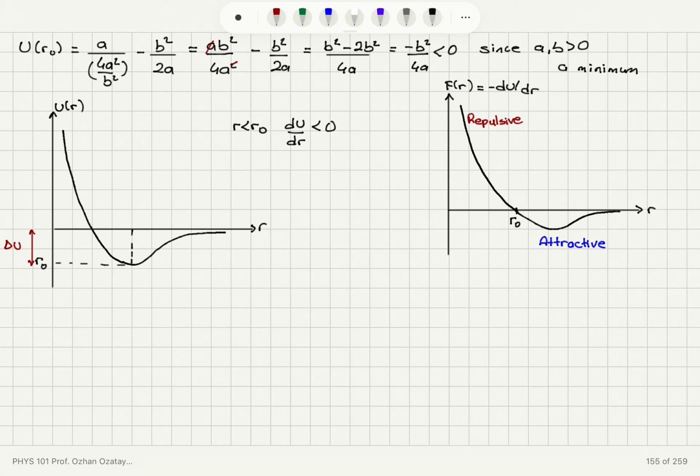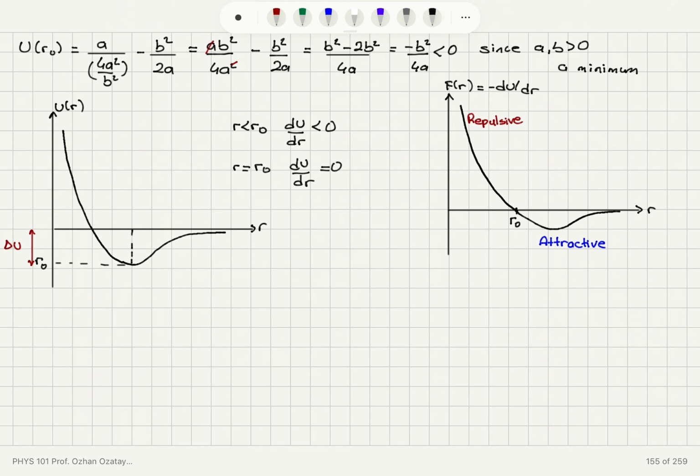So between 0 and r0, the force has to be positive, which means they have a repulsive interaction. There is a repulsive interaction between the atoms. They are pushing each other away.